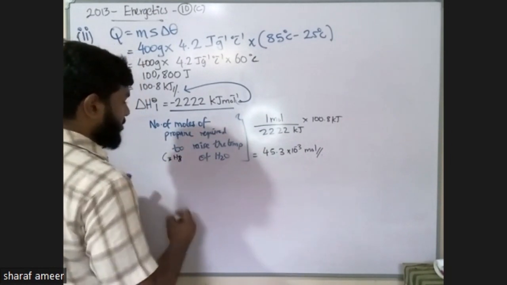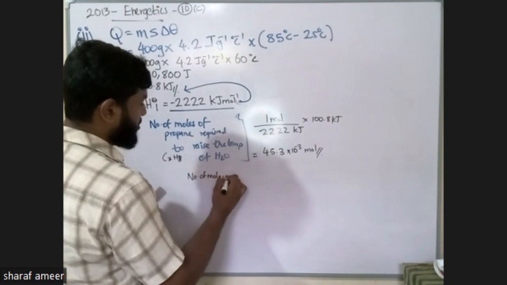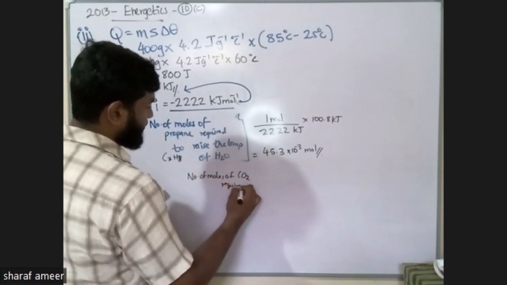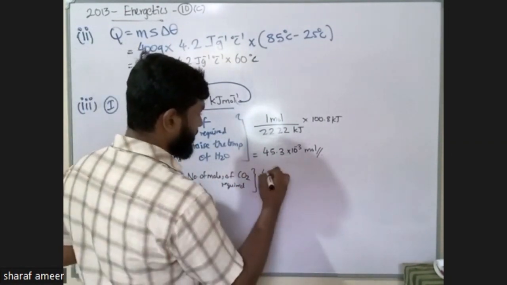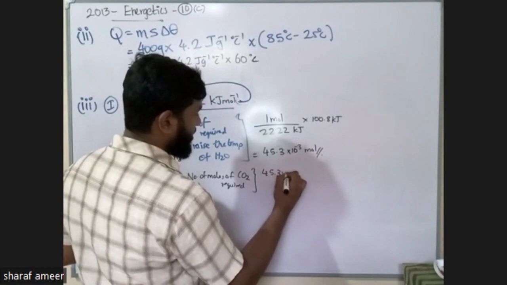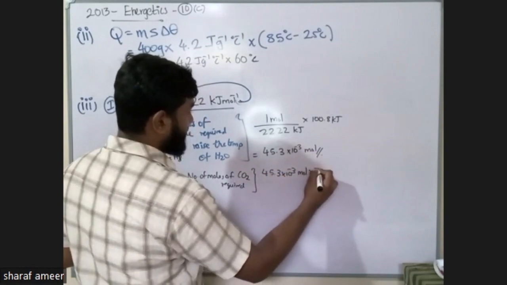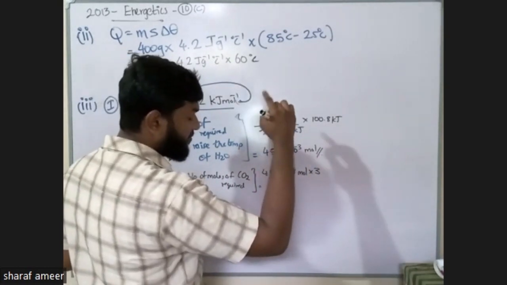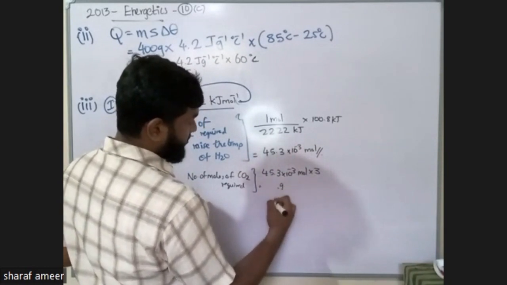So therefore, number of moles of CO2 required is 45.3 into 10 to the power minus 3 moles into 3, because according to the previous equation, it was 3 moles of carbon dioxide.